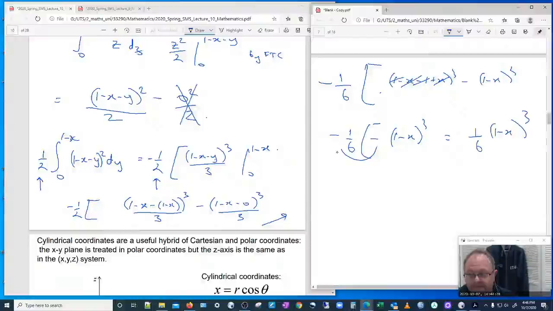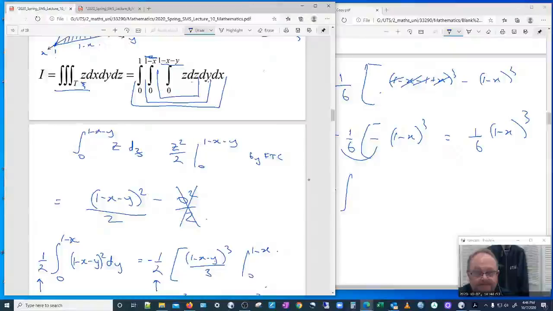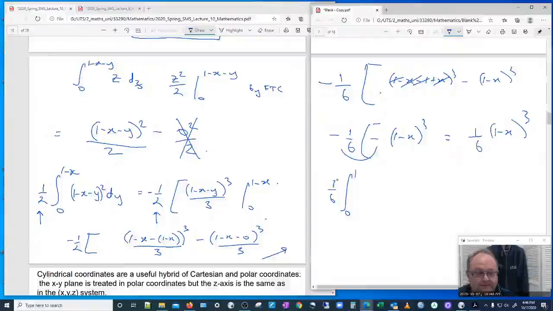Okay, now that goes into the final integral. Okay, and the final integral, so we're going to have 1/6 integral 0 to 1 dx and it's 1 minus x cubed. Okay.